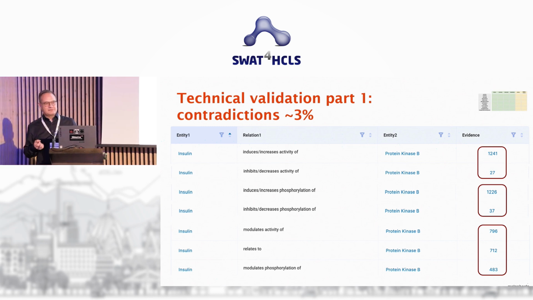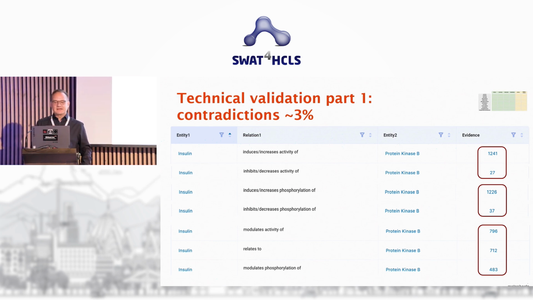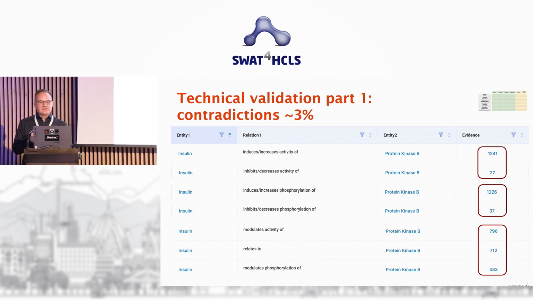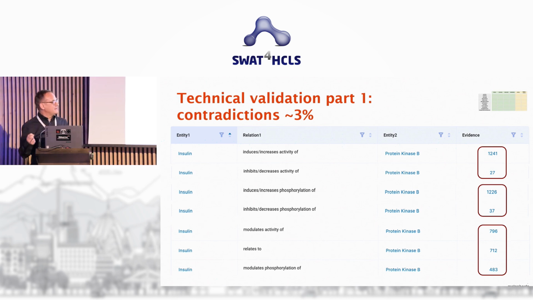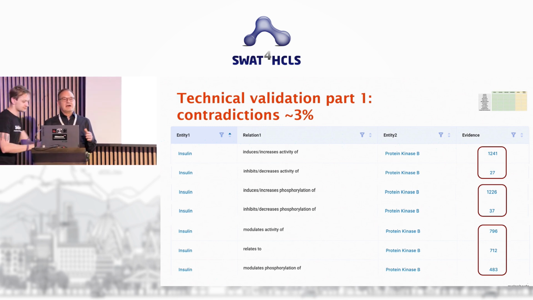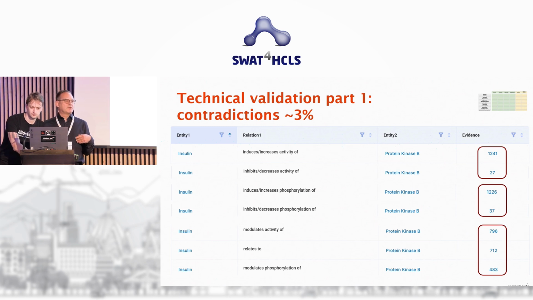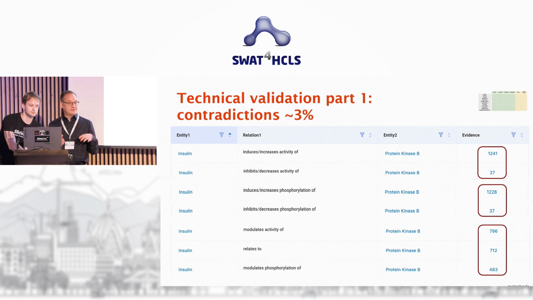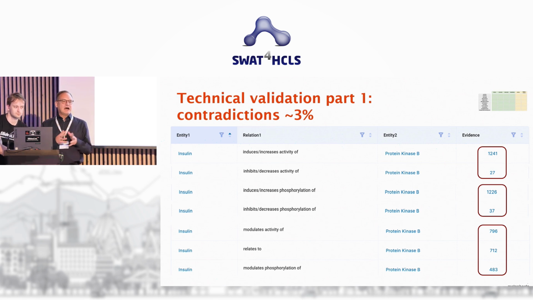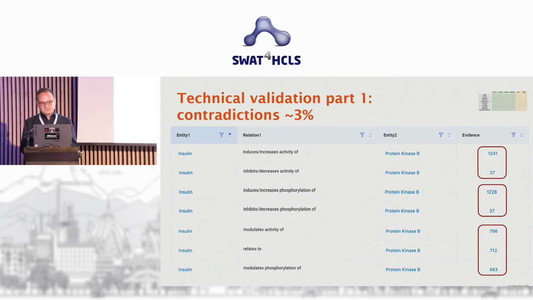That means if you have, like here, a message that insulin is increasing the activity of protein kinase B, and we find 1,241 scientific publications confirming this, what you measure is the contradiction. How many papers do we find where the author says there's an increasing effect? How many papers do we find where the author says the opposite, a decreasing effect? This level of contradiction gives us a measure of how good the language model is when identifying this type of relationship.